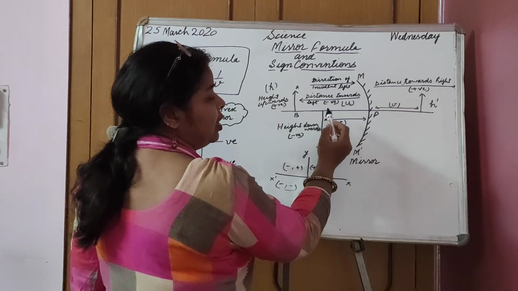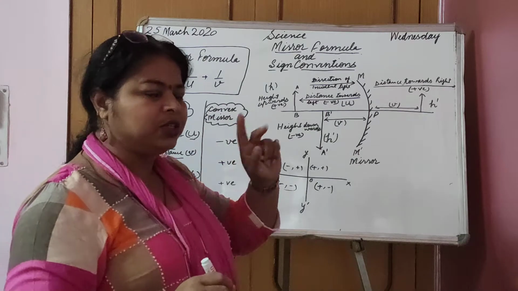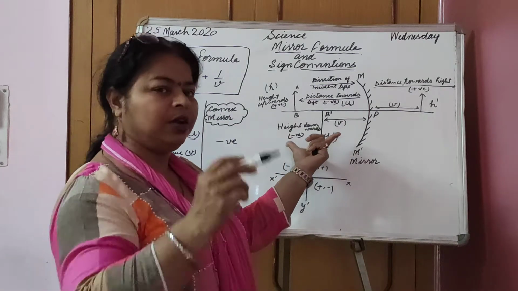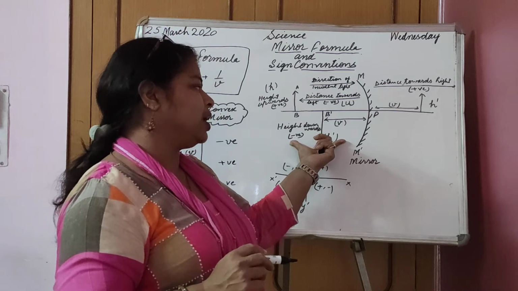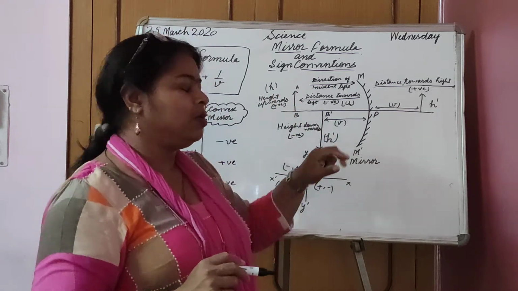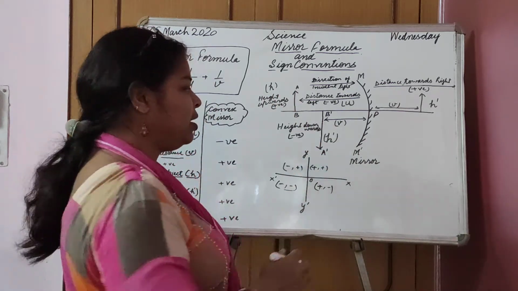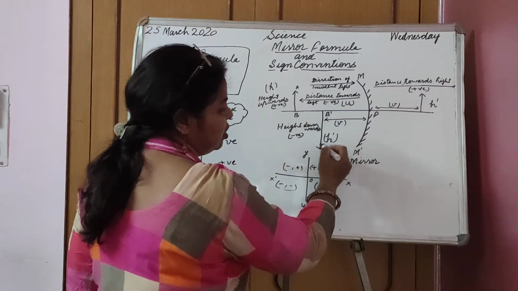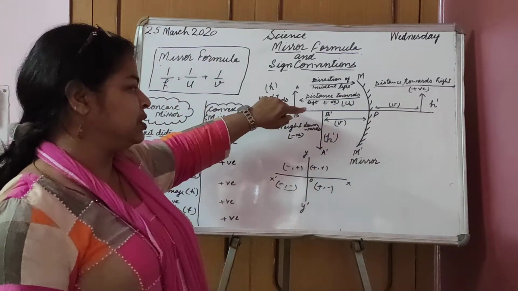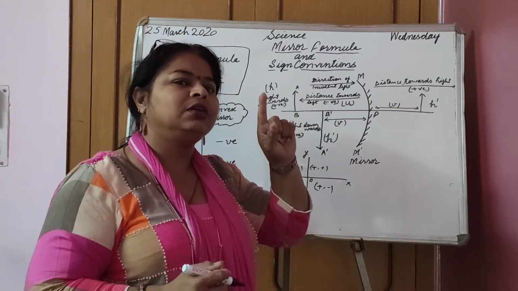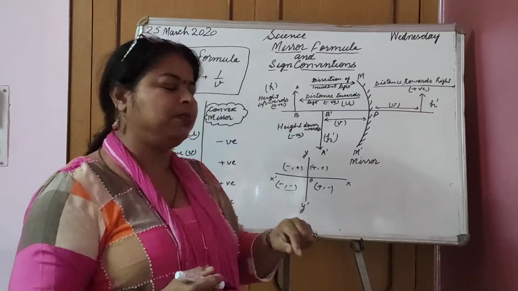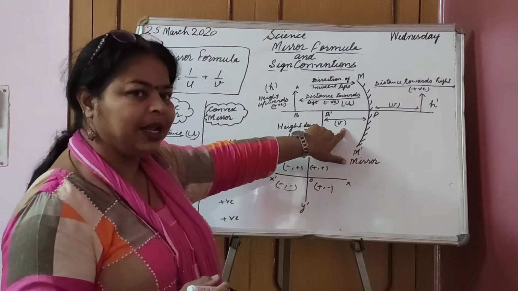So V has two conditions. If we recall the ray diagrams or the 6 cases in concave, in 5 cases V is negative. Why? Because the image is formed on the lower side of the principal axis. So in cases of real and inverted images, V would be negative.